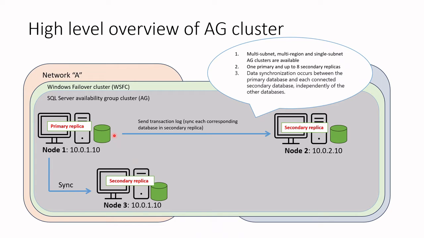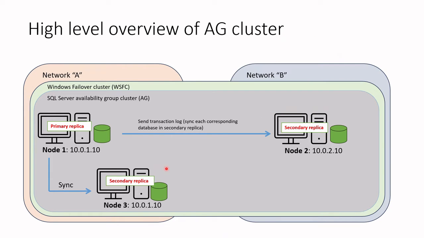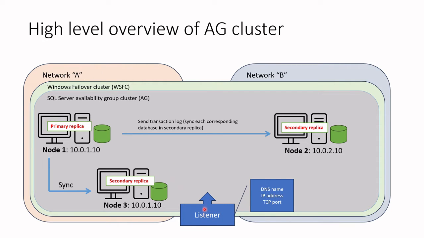Okay? So, now what about client connections, right? There is a resource in the AG cluster called the listener. An availability group listener is associated with a unique DNS name, virtual IP address, and TCP port number. By using these, clients can connect to the AG cluster. The read-write connection sessions are automatically directed to the primary replica.